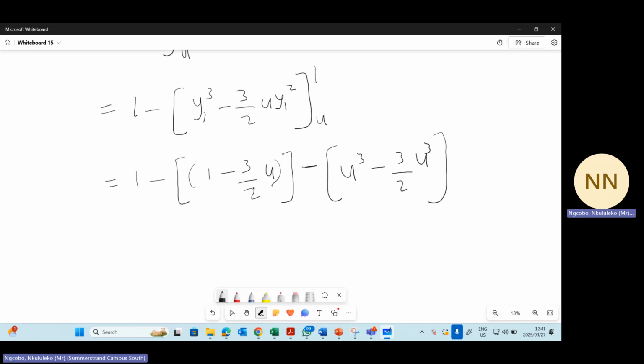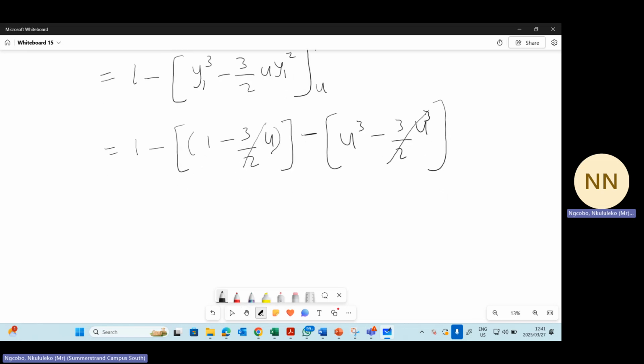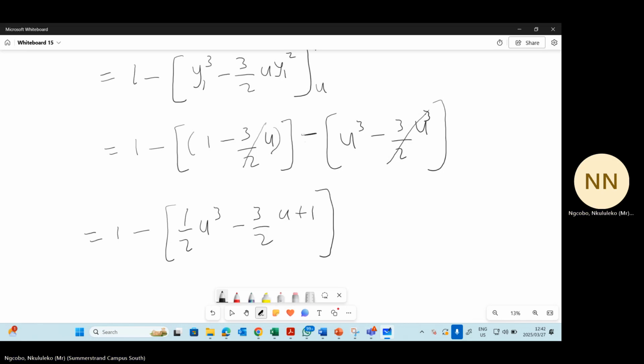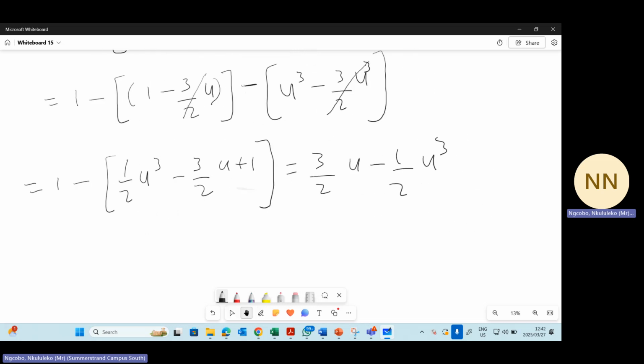If you look here, this cancels this, minus minus will be a plus, right? So you're left with just 1 minus half u cubed minus 3 over 2 u plus 1, which will then give you just 3 over 2 u minus half u cubed, right?